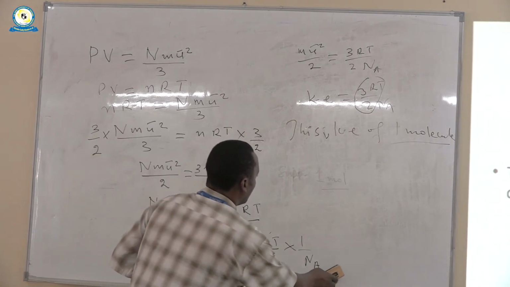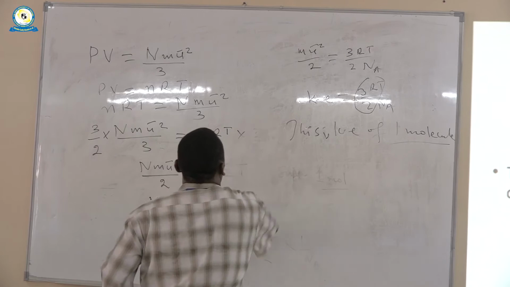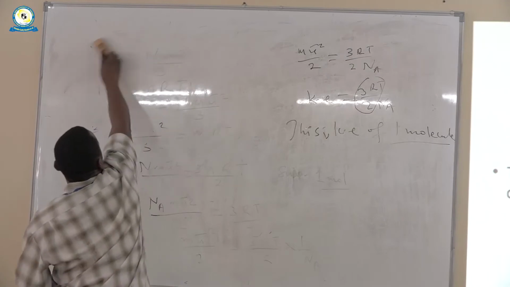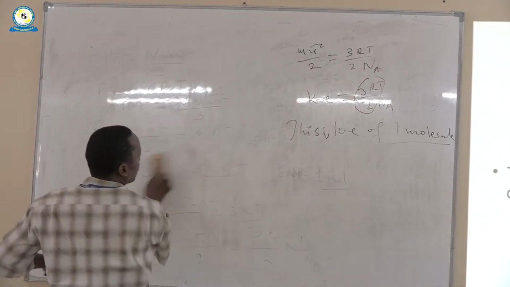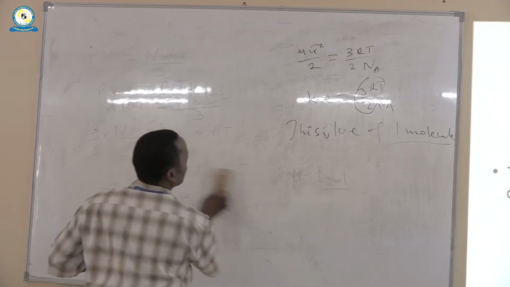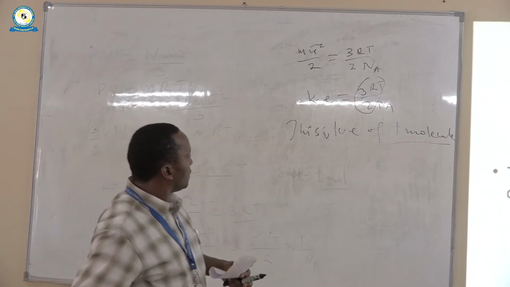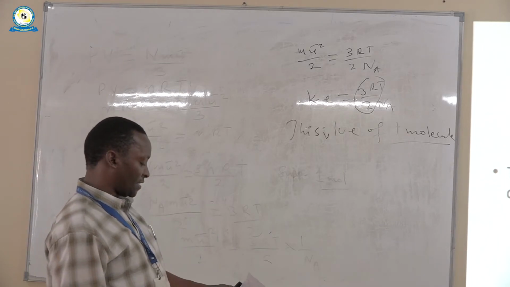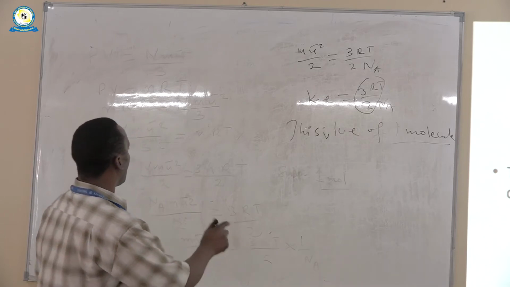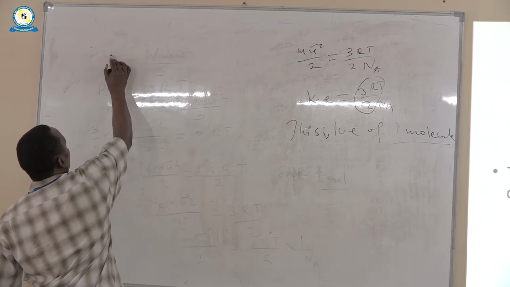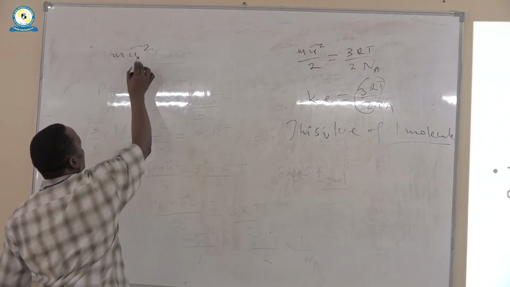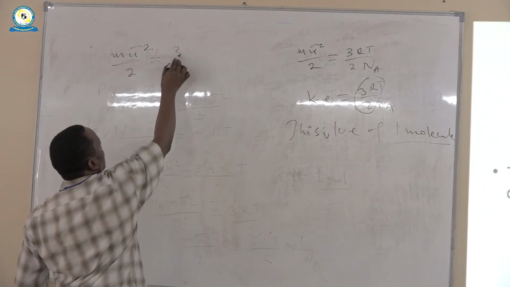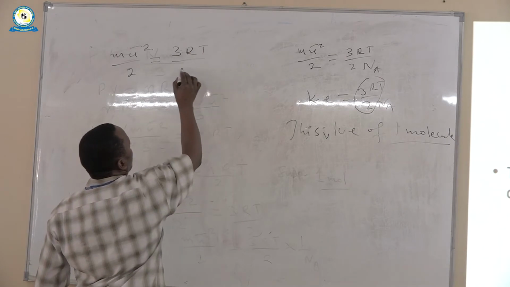That formula. Then we have also, from that relation, that if we have mass times velocity squared, that is equal to 3RT over 2n.